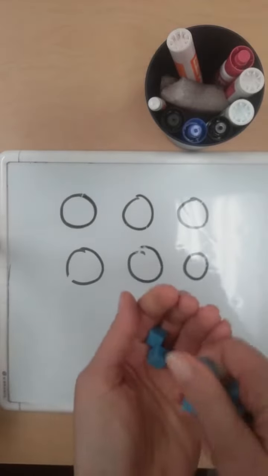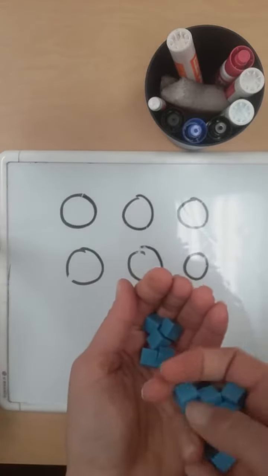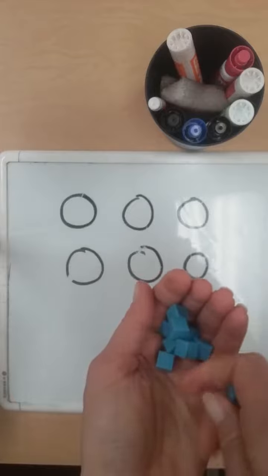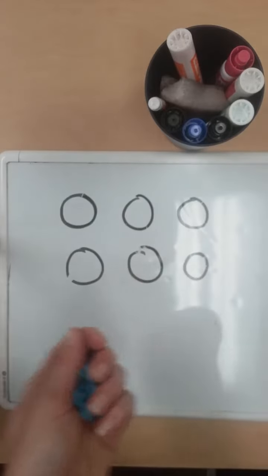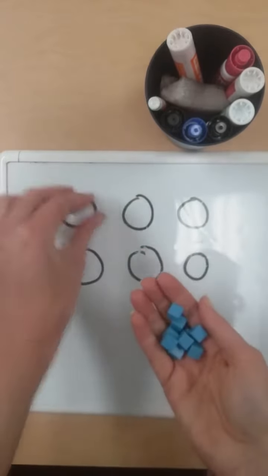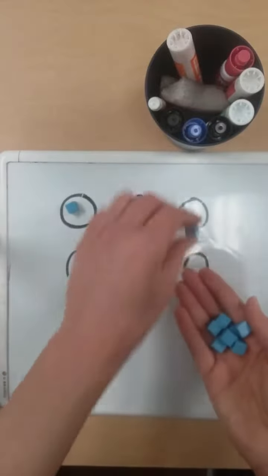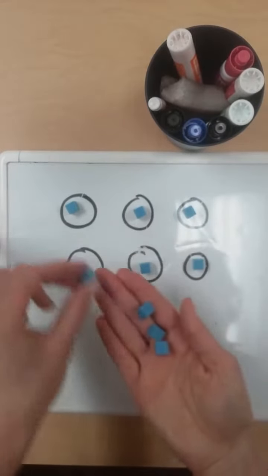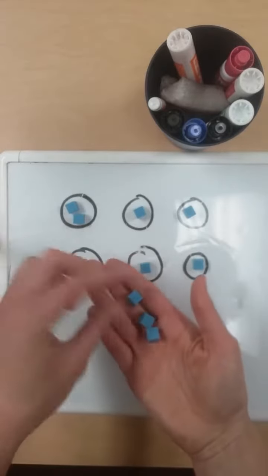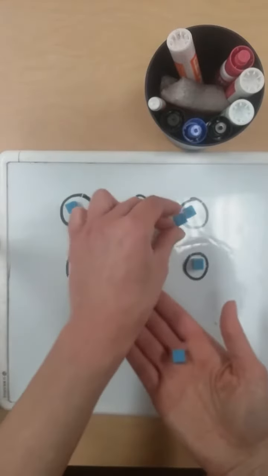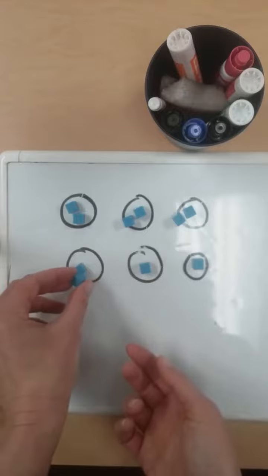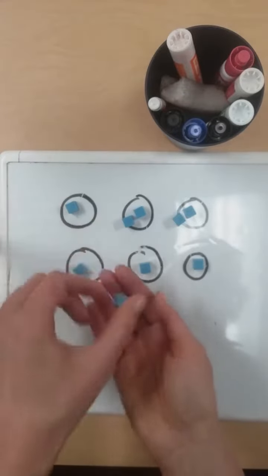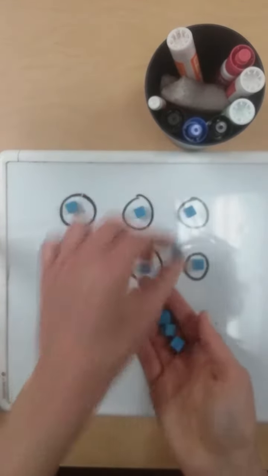1, 2, 3, 4, 5, 6, 7, 8, 9, 10. And I'll distribute those evenly. And if you try to distribute the rest of what you have, you'll see there's not enough to make equal groups. And in division, you always want your groups to be equal.